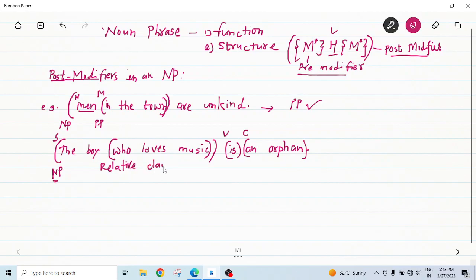In your module 6, we are going to study this type of clause, relative clause, in detail. Right now, you just learn that even a relative clause can function as a post modifier in a noun phrase.